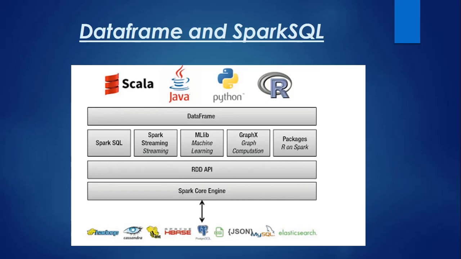It is conceptually equivalent to a table in a relational database, an Excel sheet with column headers, or a data frame in R/Python, but with richer optimizations under the hood. Data frames can be constructed from a wide array of sources such as structured data files, tables in Hive, external databases, or existing RDDs.